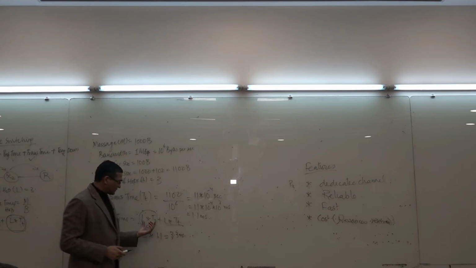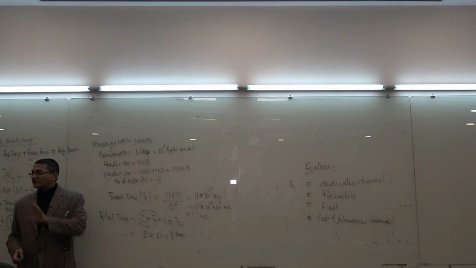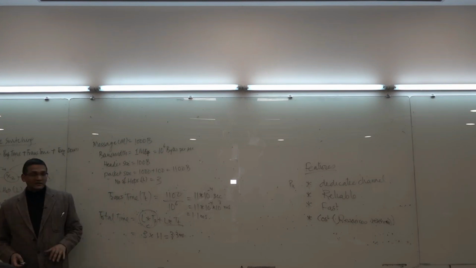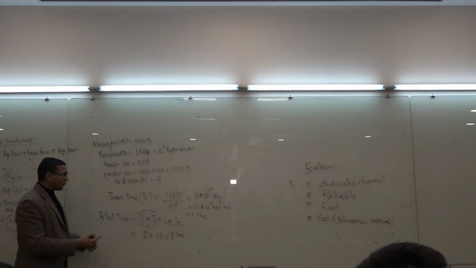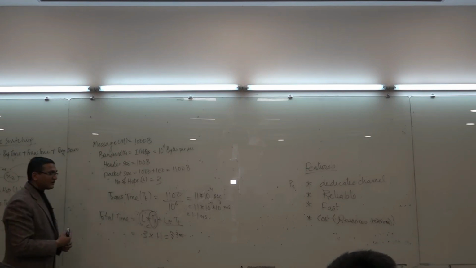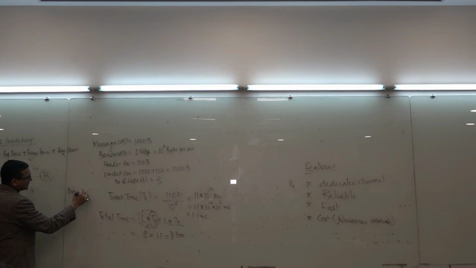I am just leaving this because it will be the same in all the calculations. What is actually affecting us is this part. If we want to find this propagation time, what is required? We want to find the time. Now we have a formula: distance is equal to time into speed, right?